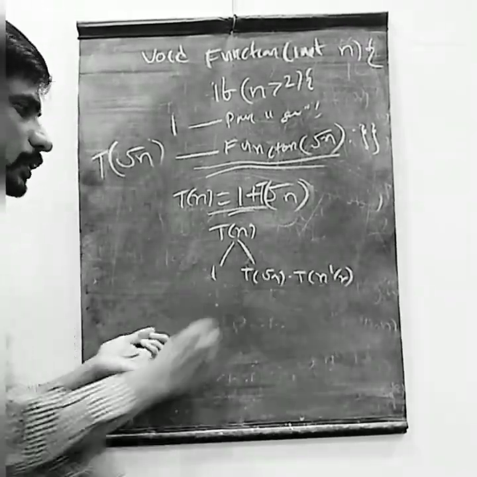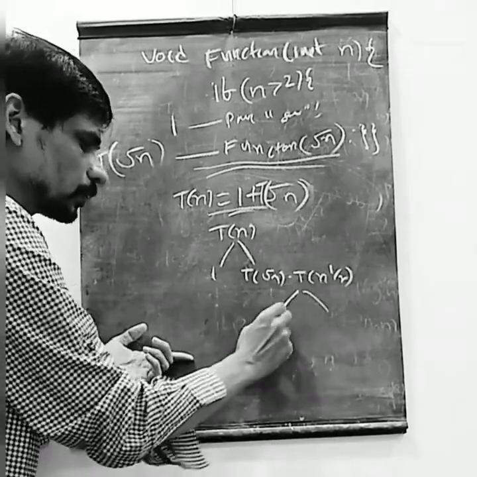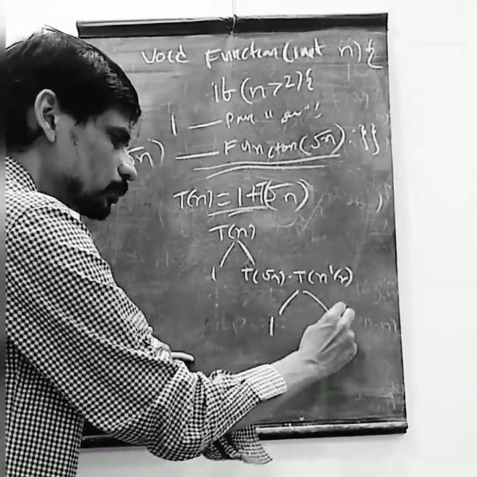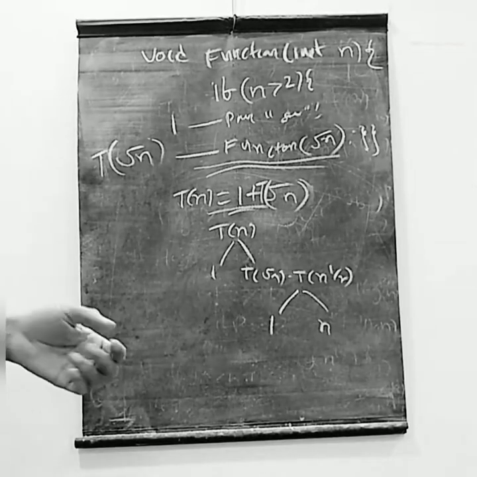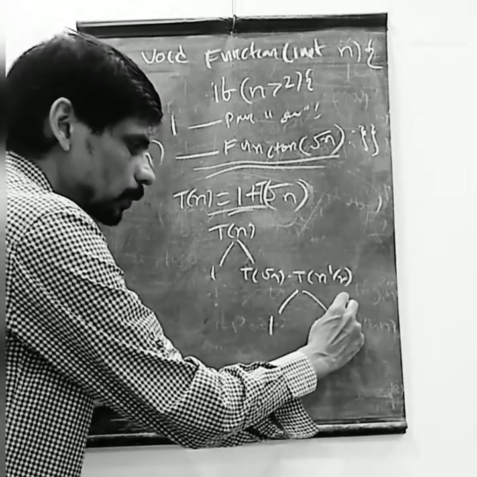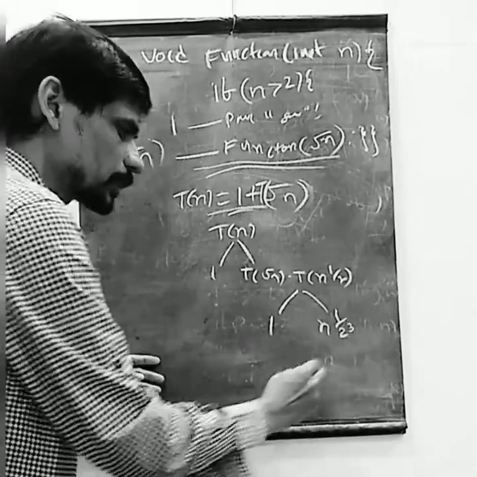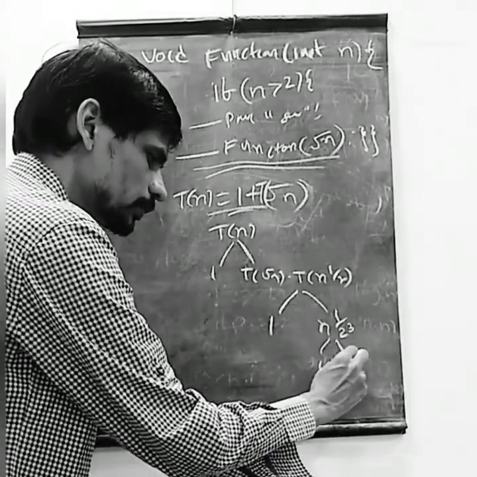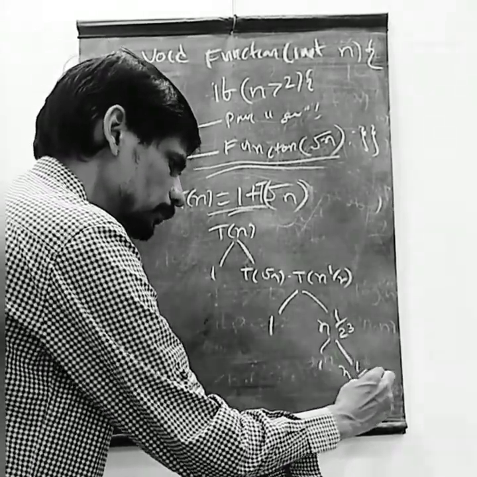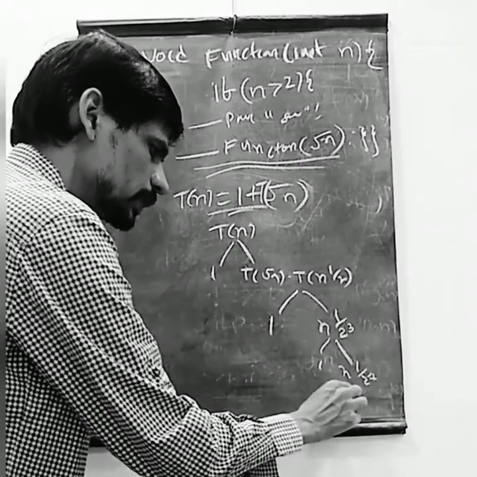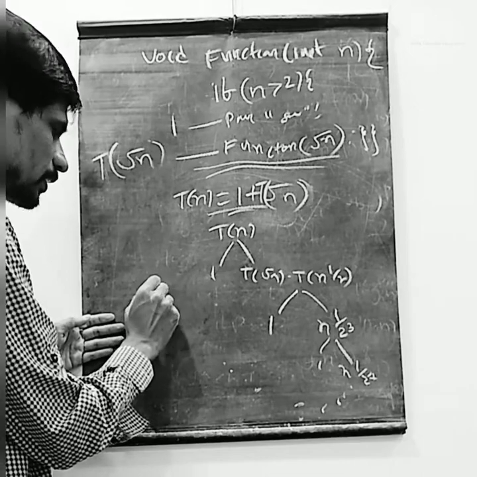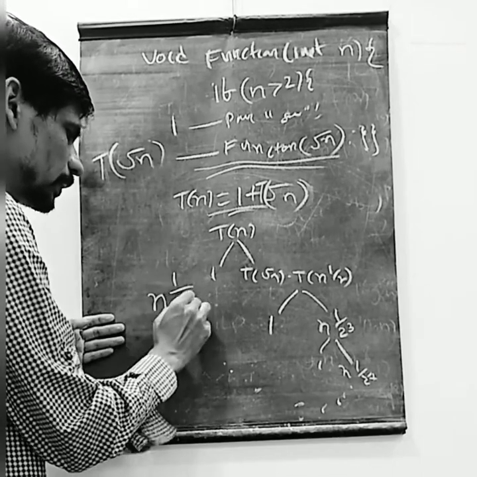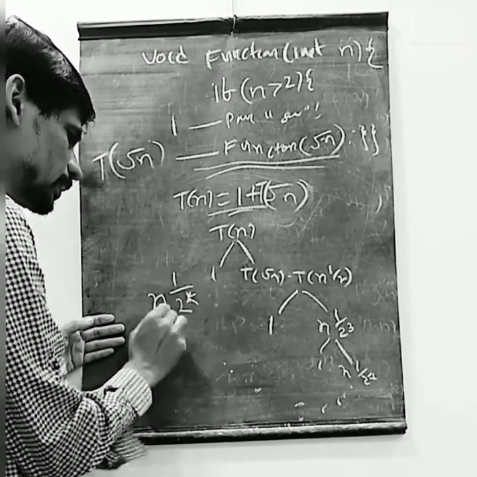This does 1 time, and then what happens next, n power 1 by 2 power 3. So again this will repeat up to n power 1 by 2 power k.